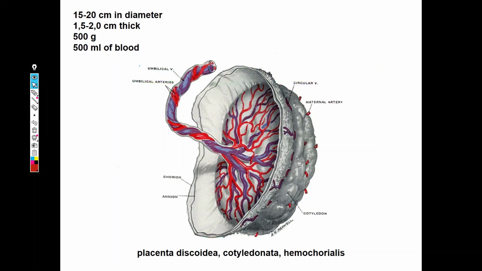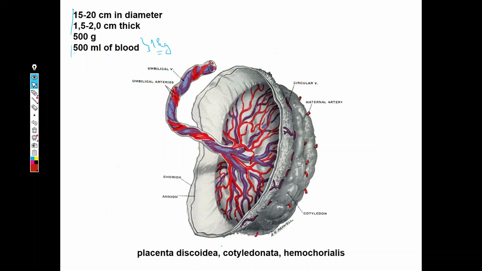These are the general things you should know about the placenta: the diameter, the thickness, you can read it right here, the weight. But remember there is like half a liter of blood inside the placenta, so together it is like 1 kilogram of placenta. It's a very, very heavy structure, really.